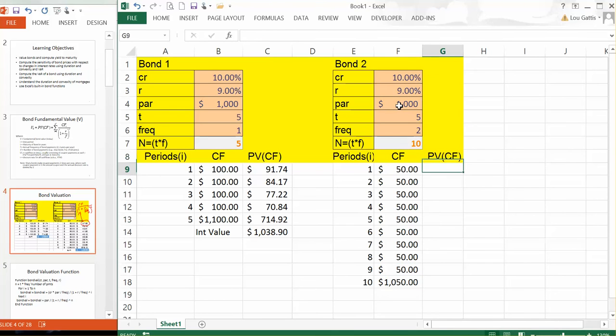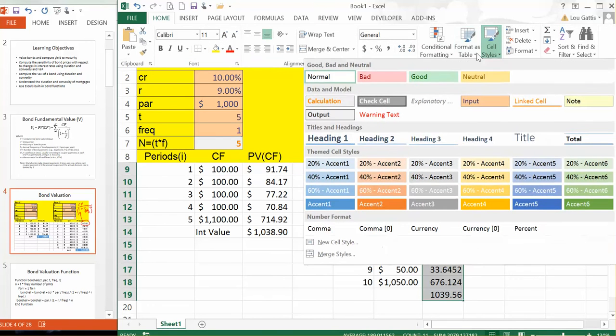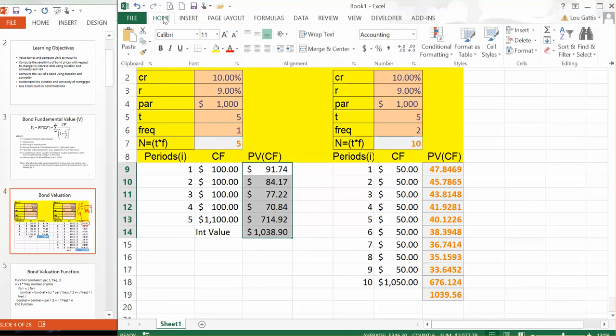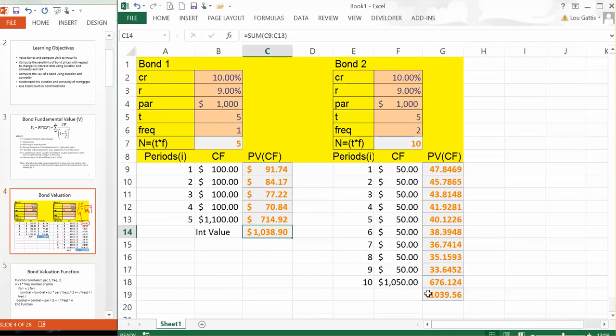And I can discount these cash flows at 1 plus the annualized discount rate divided by the frequency to get a 6-month discount rate, raised to the period. So I can take the present value of those and sum them up. So this bond, I would pay $1,039. And for the annual payment bond, I would pay $1,038.90.